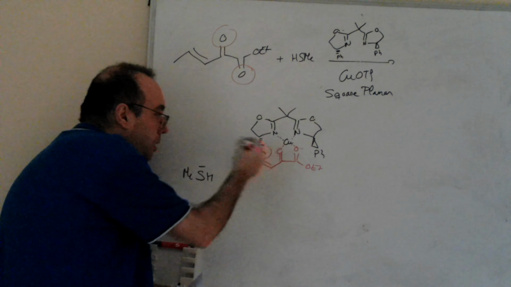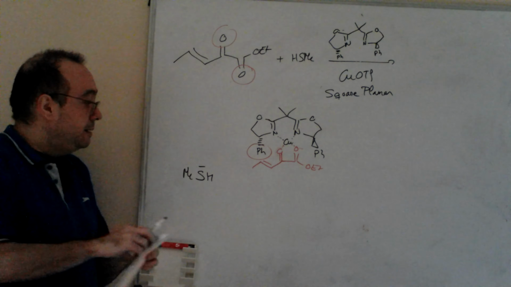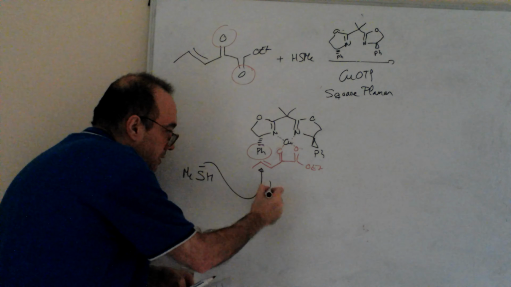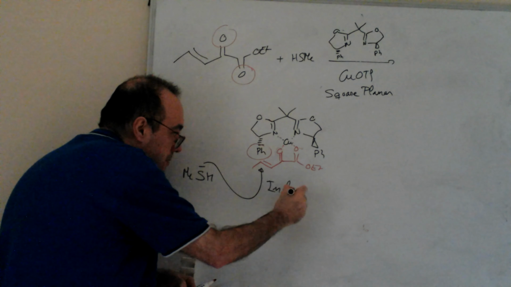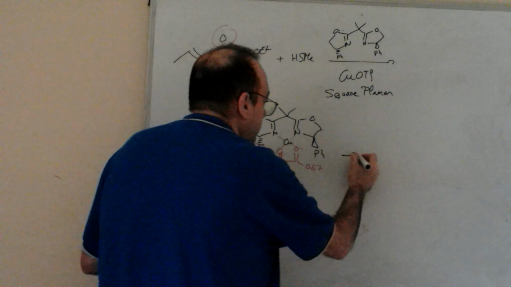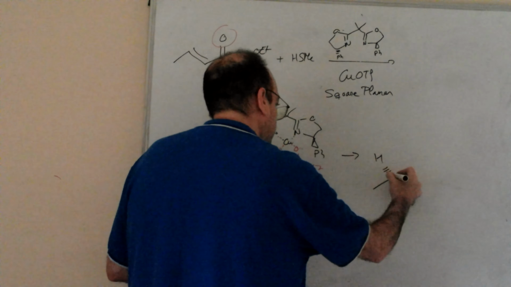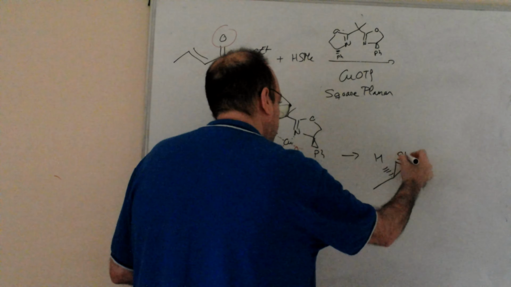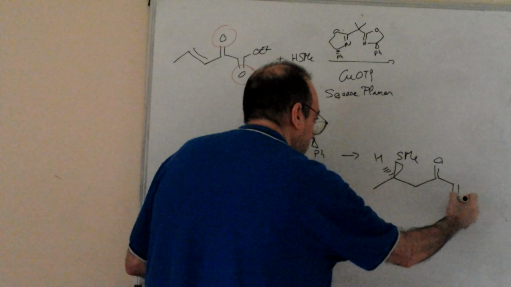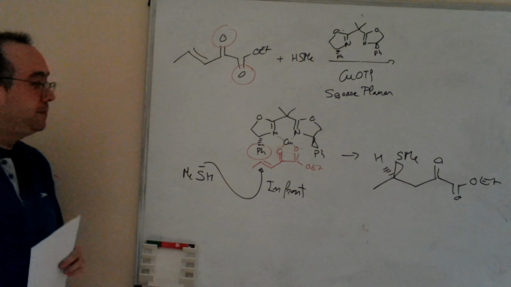This phenyl will block anything that is coming from behind the slide. That means that the thiol will have to come from in front. If we do this, what we get is this final compound.